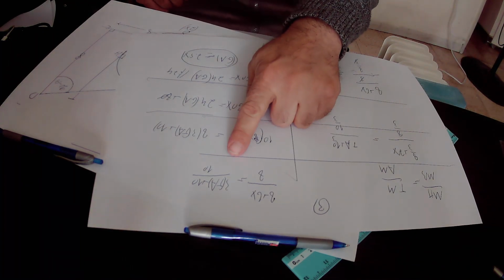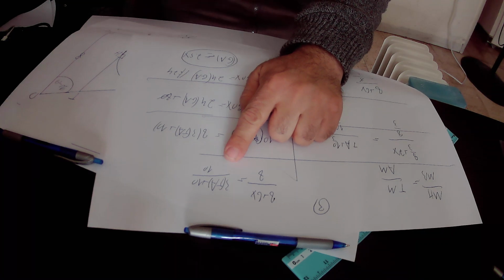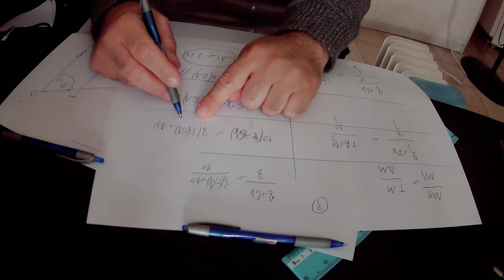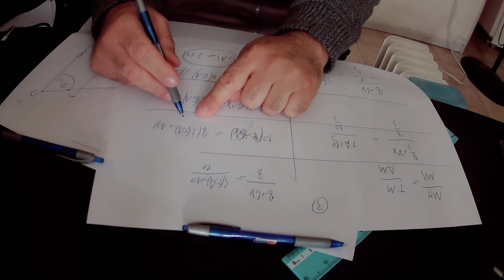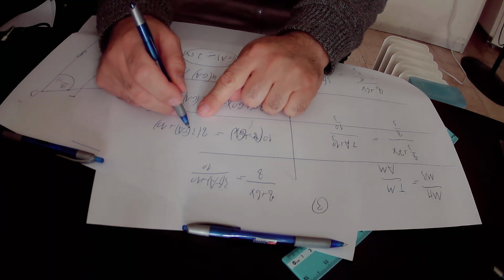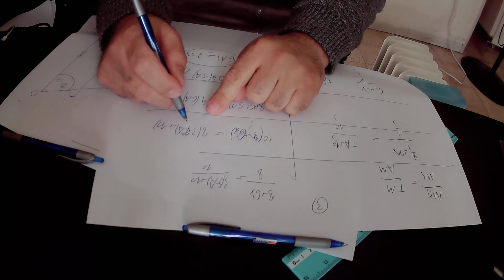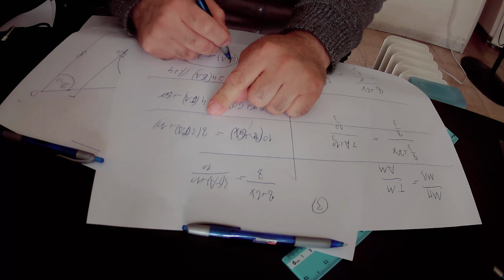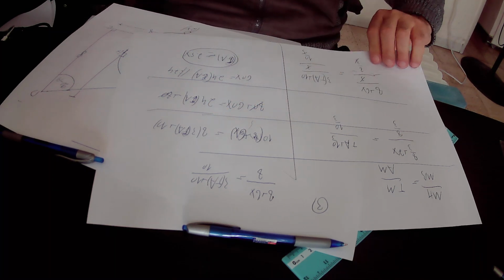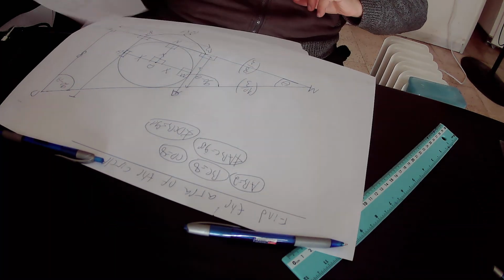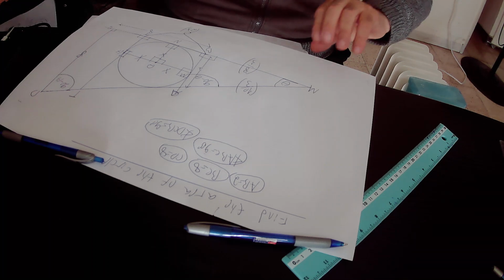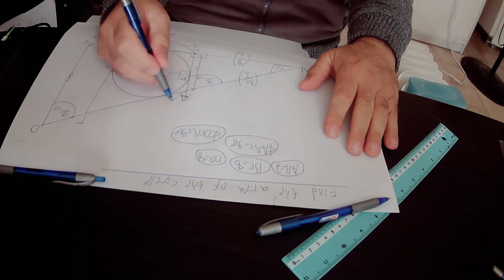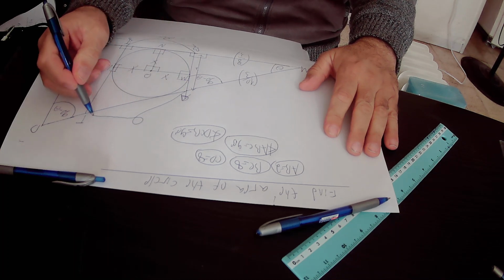It's actually not GA but TA. I accidentally wrote GA instead of TA, so it is TA. TA equals 2.5x. Here this line segment TA is equal to 2.5x in its length.